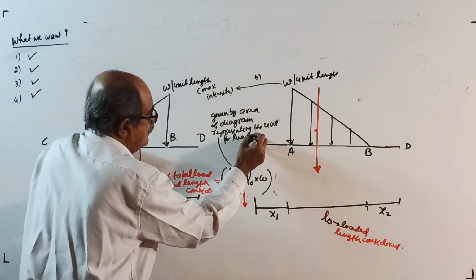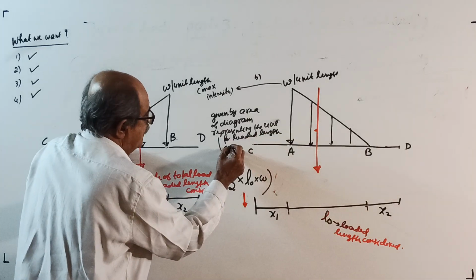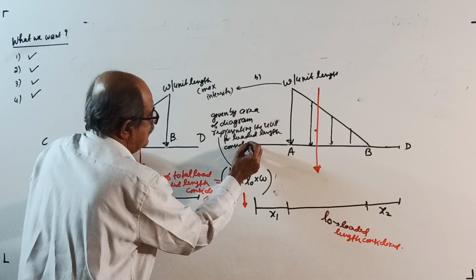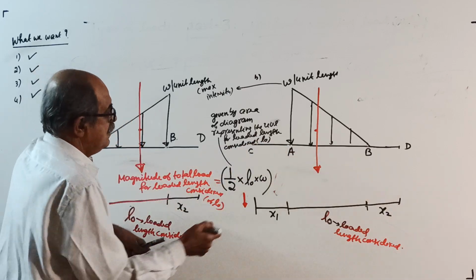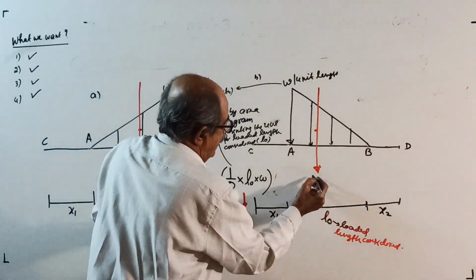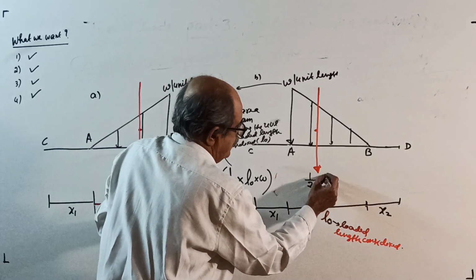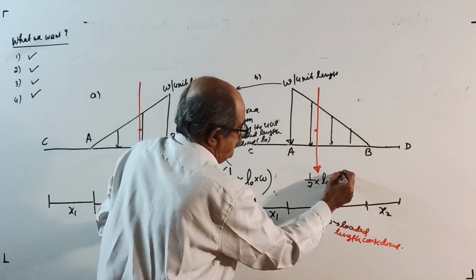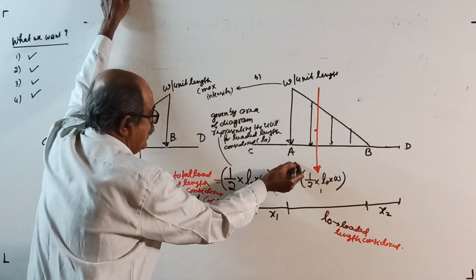loaded length considered. This is a very, very important term. Loaded length considered, that is L0 loaded length. This much you write. Now, here, once again same way, it is half into L0 into W. Close the bracket. Now, you do one thing, to save time, put an arrow mark here.